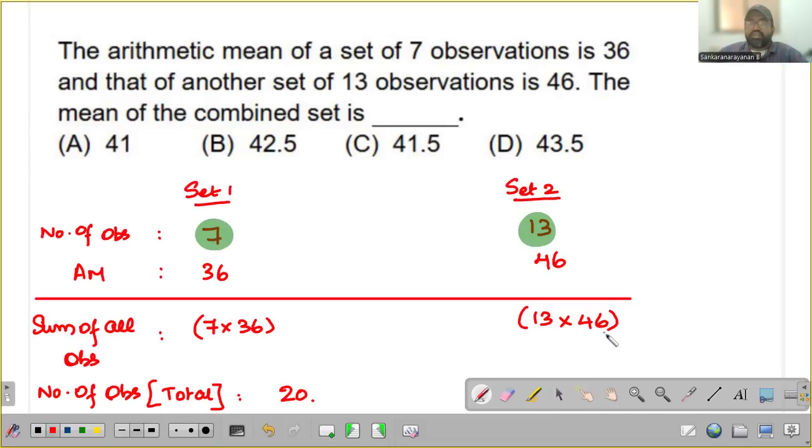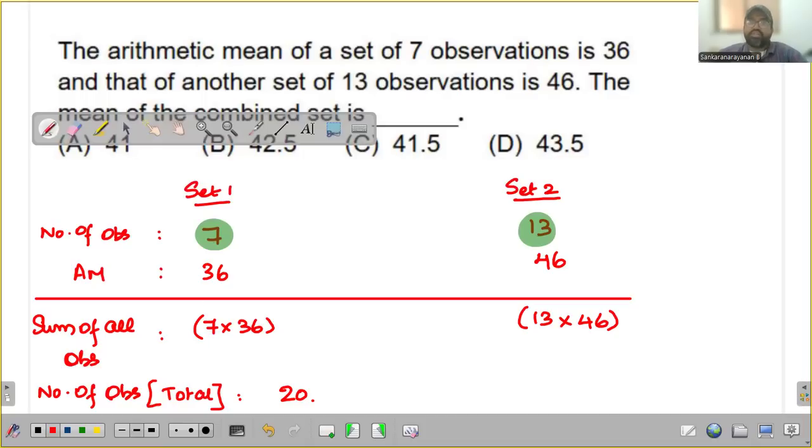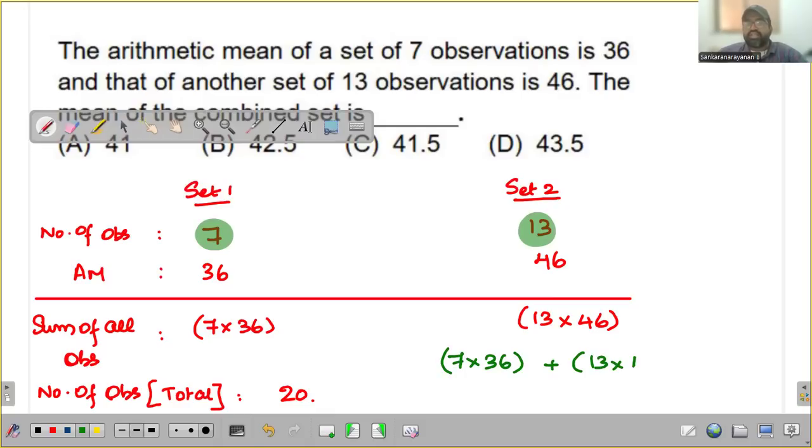Now look at the question. They are asking you the mean of the combined set. They are basically asking you to find the weighted average. In this case, the weighted average will come as 7 into 36 plus 13 into 46 whole divided by 20.